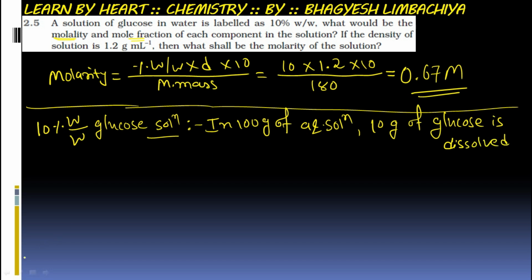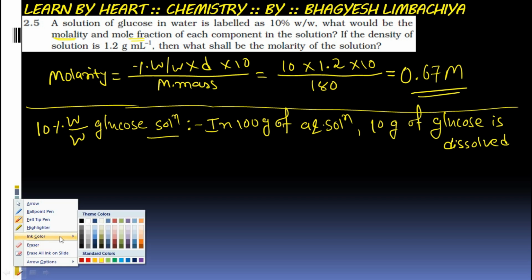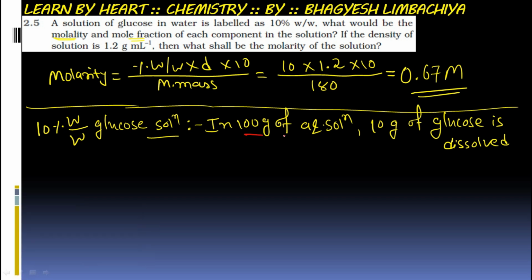So here 100 gram is the mass of solution and 10 gram is the mass of glucose. By subtracting 10 from 100 we get the mass of solvent, and the solvent is water.